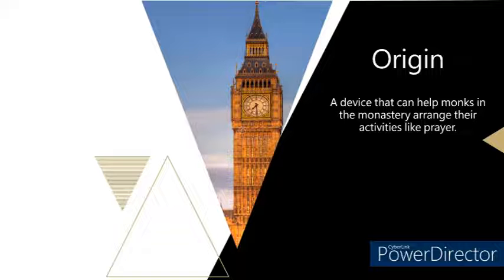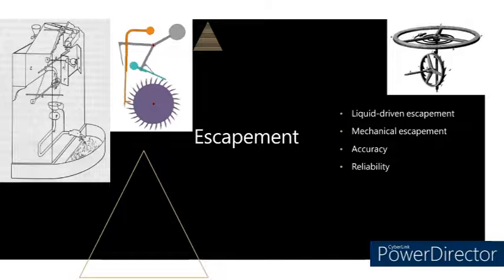So they needed a device called a escapement to transform the energy, like the liquid-driven escapement. It could transform the water energy, the kinetic energy of water, to mechanical energy.